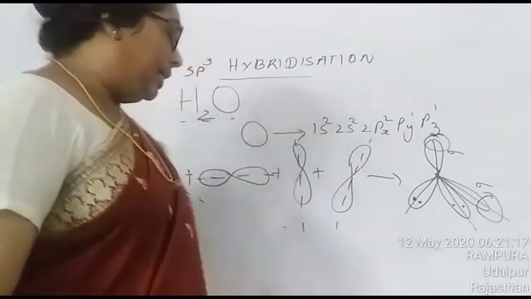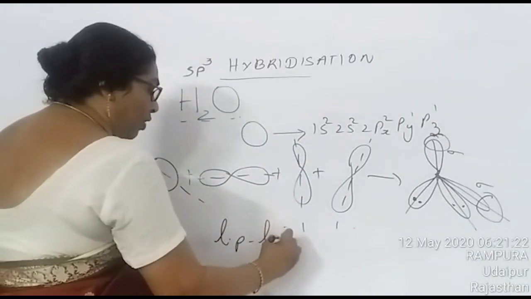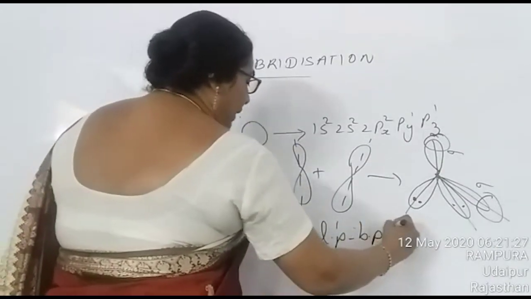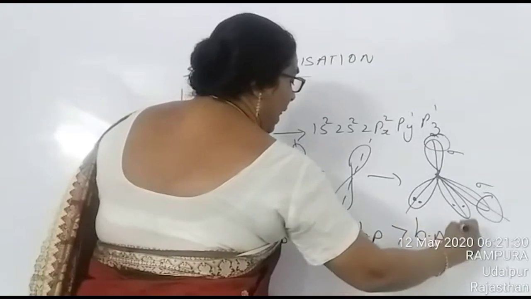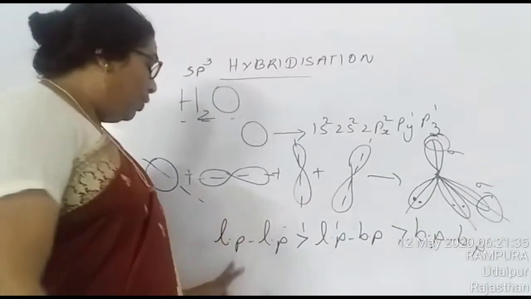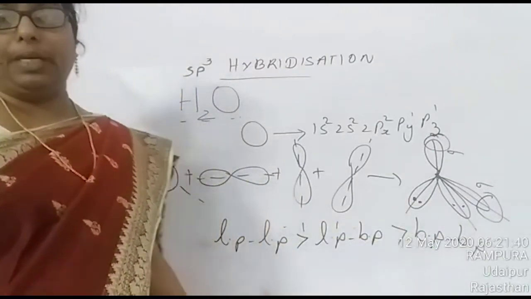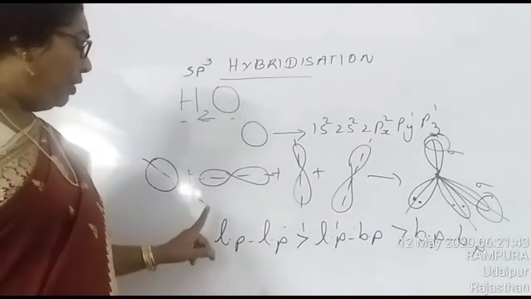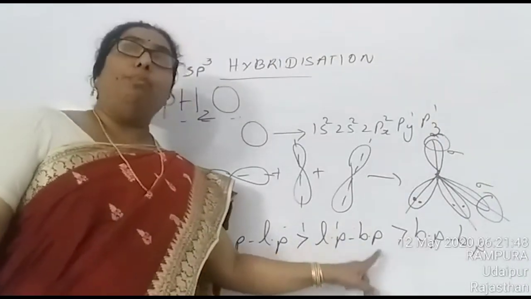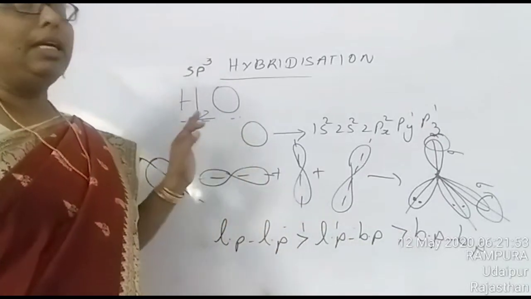That means in water we can see 3 types of repulsion. One is between lone pair and lone pair. Next is between lone pair and bond pair. And the last is between bond pair and bond pair. We know that the magnitude of lone pair-lone pair repulsion is stronger than lone pair-bond pair repulsion, which is stronger than bond pair repulsion.